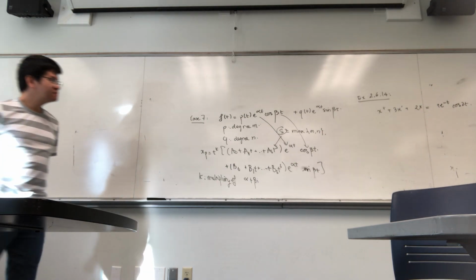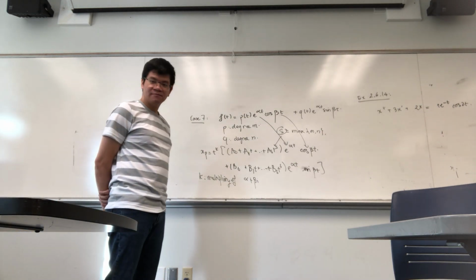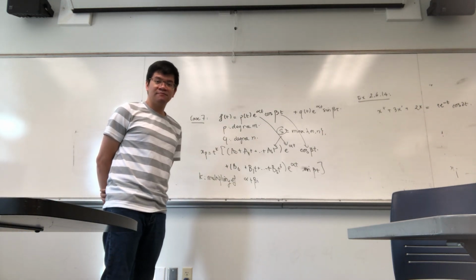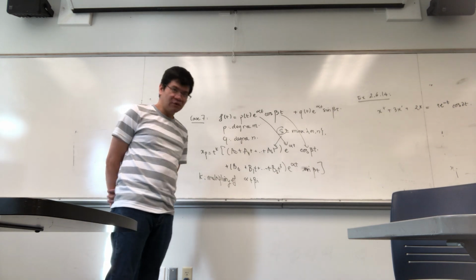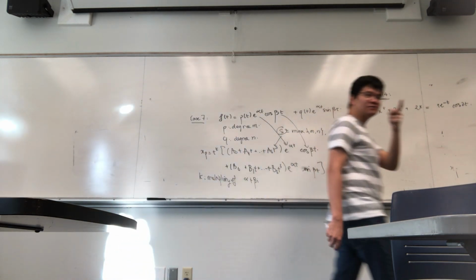Yes? It's t^k times e^(-t) times cosine of 2t times (a0 plus a1 t). Right. And then there's also sine.